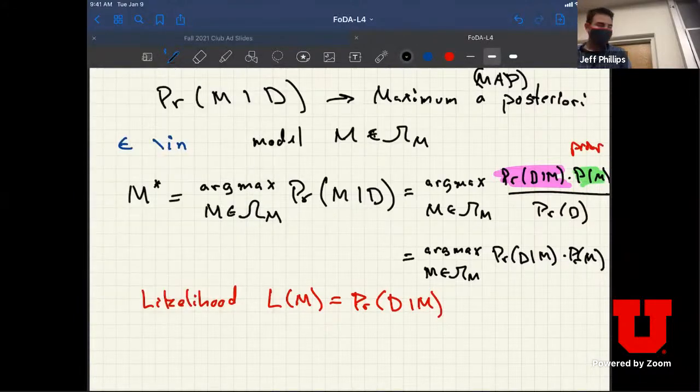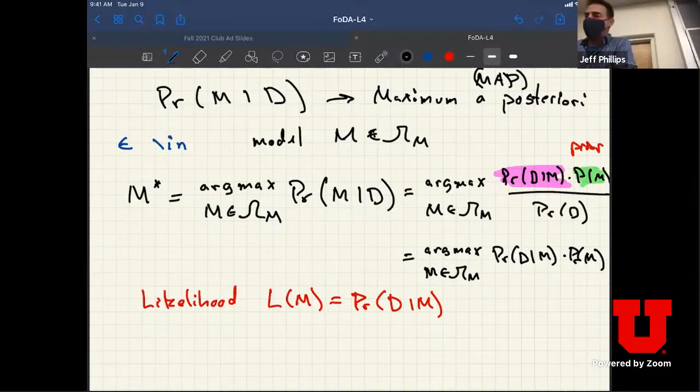In the discrete case I talked about, I can say the likelihood is actually a probability, but this will be a probability density function later on, and so we won't be able to call it probability later. So I can talk about it now in intuitive language, but later I'll be using likelihood in place of probability because it's not technically a probability when I have a continuous space of models.